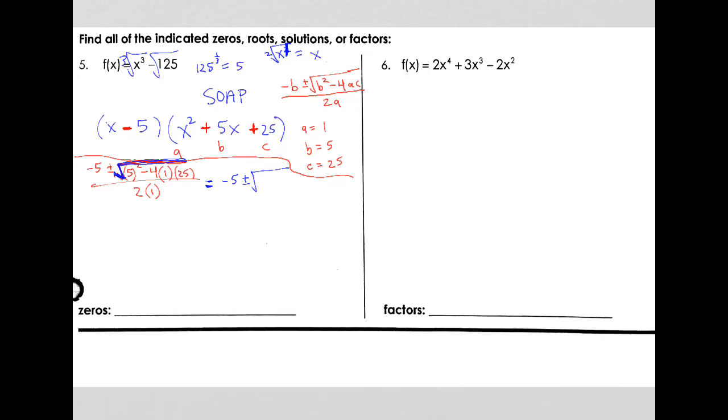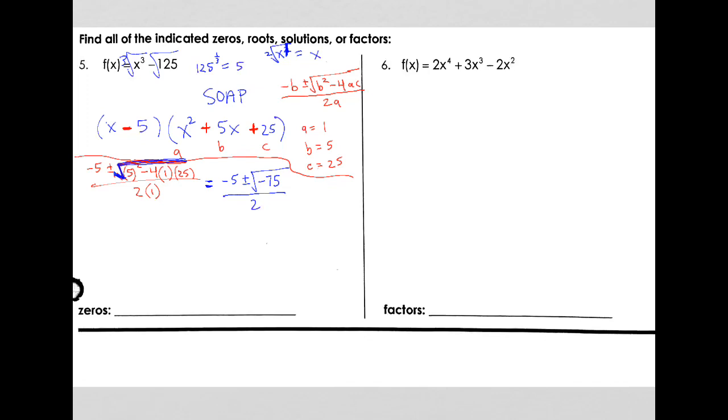Okay, and so what happens here with this one is that stuff underneath the radical turns out to be a -75. And then once you do the math, 2 times 1 is 2. And so we know that you cannot have a negative under the radical. If you do, that means you're dealing with imaginary numbers.